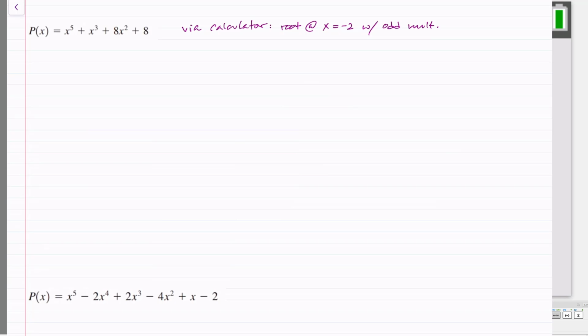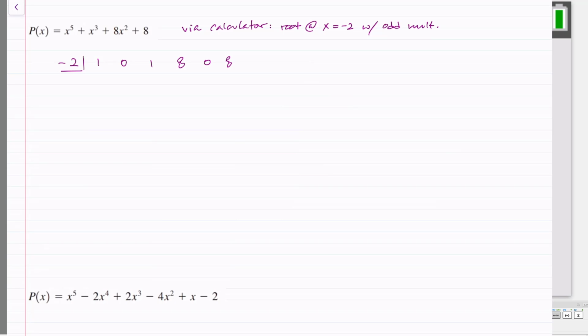So if you're doing it right, it's going to look like this. You're going to drop your -2 into the divisor box, and the coefficients are going to be as follows. And just for clarity, I'm going to label them here. So you're going to have a 1 that comes from x to the 5th, a 0 that comes from x to the 4th, a 1 from x cubed, an 8 from x squared, a 0 from x to the 1st, and then an 8.